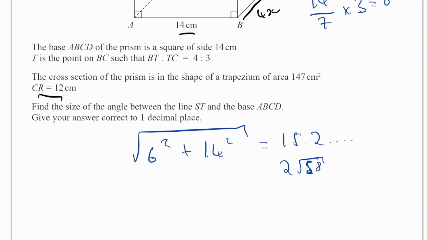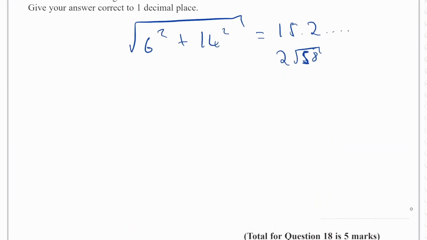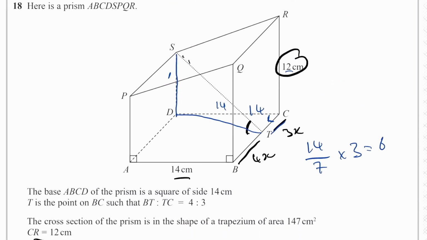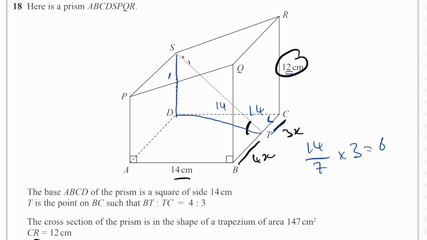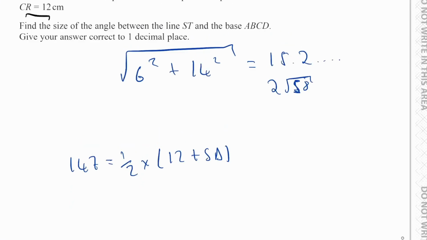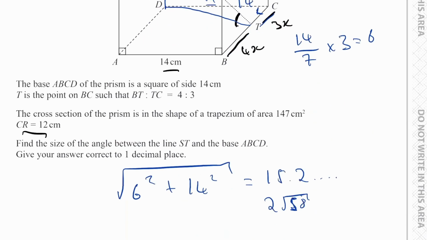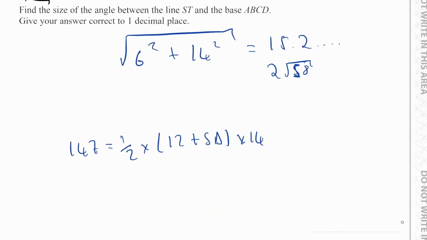So remember, the area is equal to 147. So 147 is going to be equal to a half multiplied by the sum of the two parallel sides, so 12 plus whatever SD is, and then multiplied by the flat side at the bottom, 14. And that should give you 147. So now we just need to rearrange this for SD.